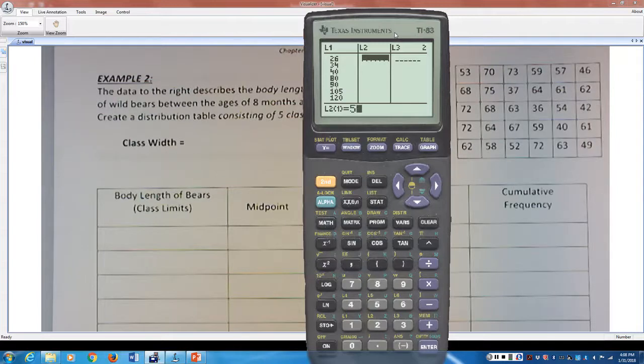So enter those into list 2. And just as you did before, go back through and make sure you didn't make any mistakes.